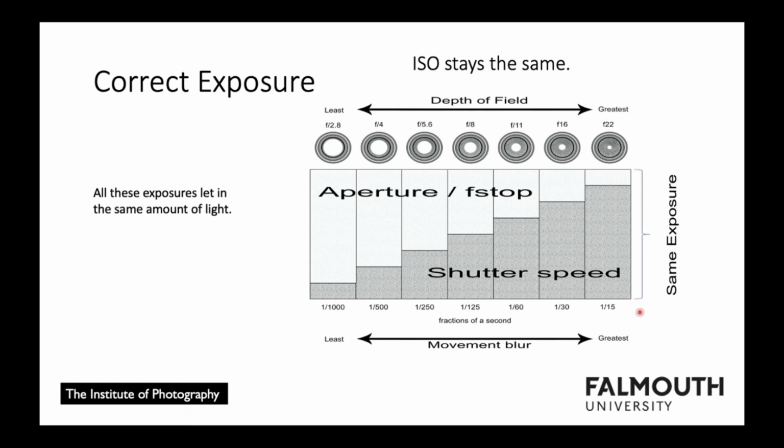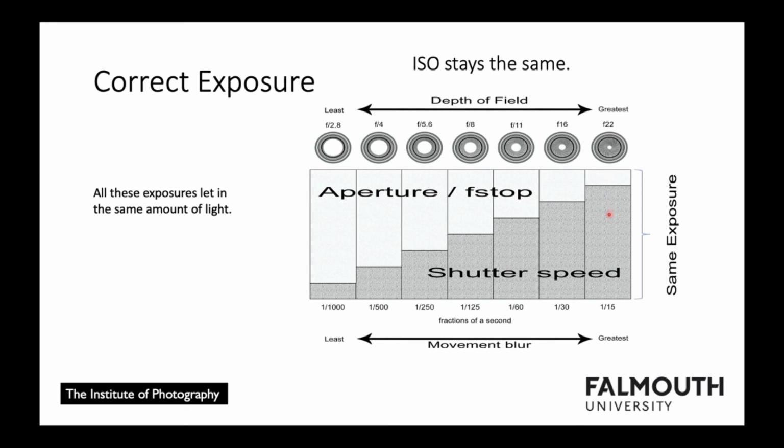It's the same exposure. So if I have a small number, which is a big hole, that's a lot of light getting through, the majority of that exposure is made up of the hole, the aperture. So I need a very fast shutter speed to make up the rest of it. But if I have a very small hole, that's making up a very small amount of my exposure.